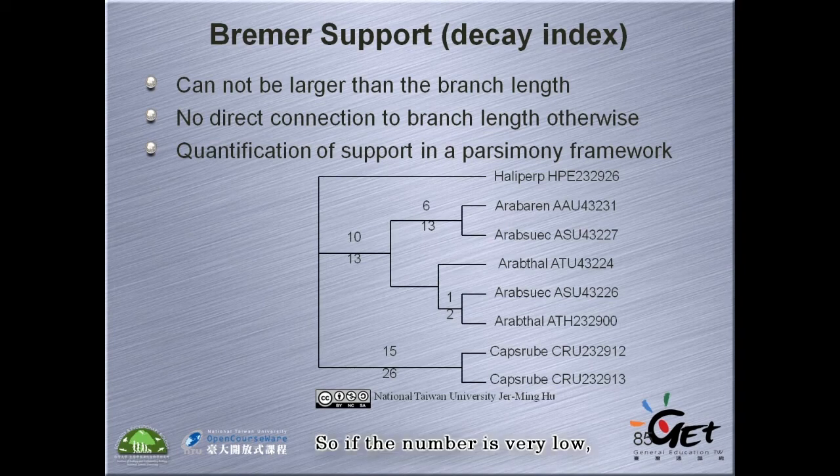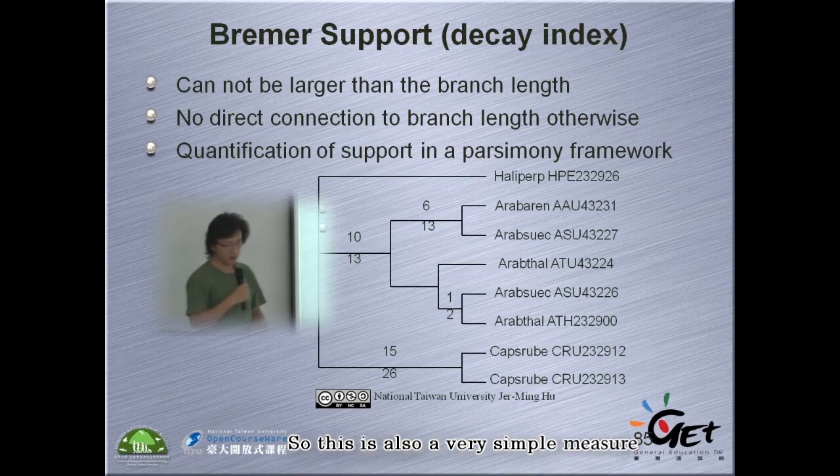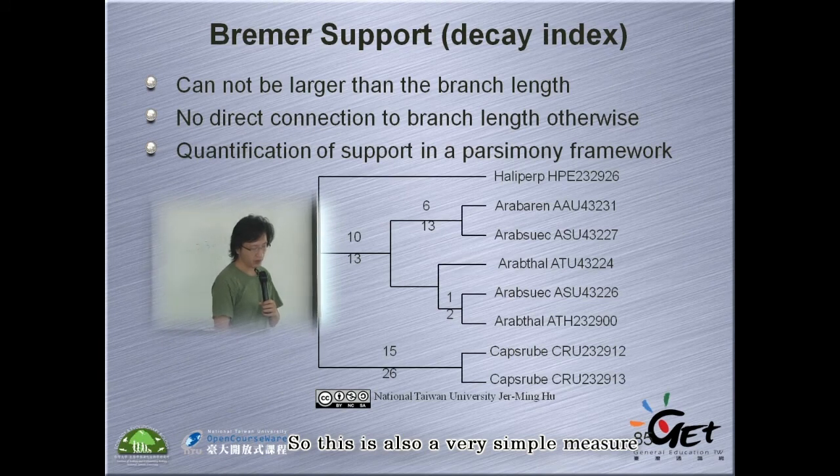If the number is very low, it's very easy to break down the relationship, so the sequence could be closer to somewhere else. If the number is very high, those two always group together. So this is also a very simple measure for the internal support of the branch.